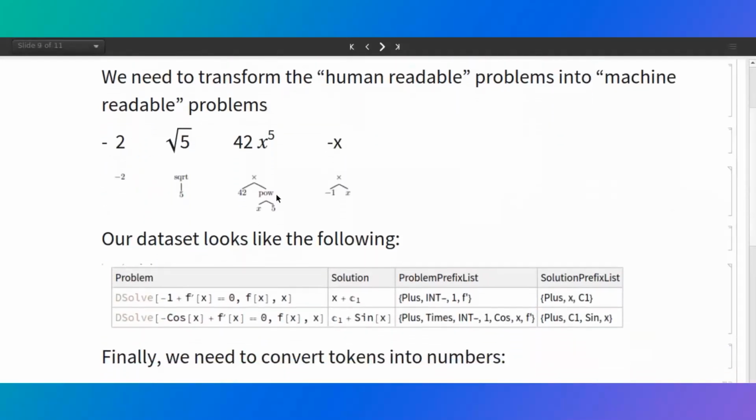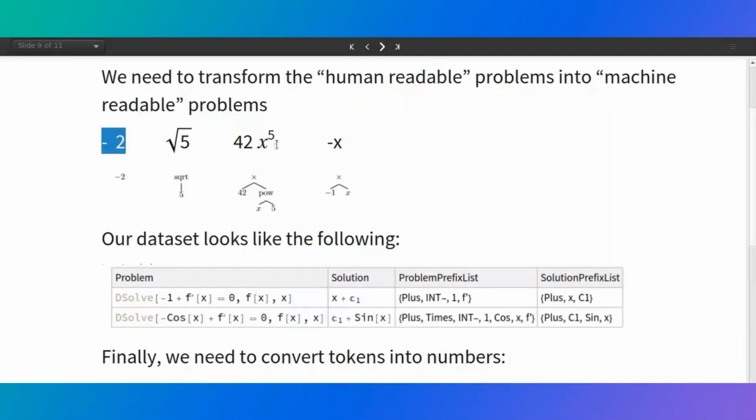To do that, we use a leaf representation. And here I have some examples on how we convert these expressions into a machine readable problem. So for example, a single number is just expressed as a number. But for example, square root of 5 is represented as the square root followed by the argument.